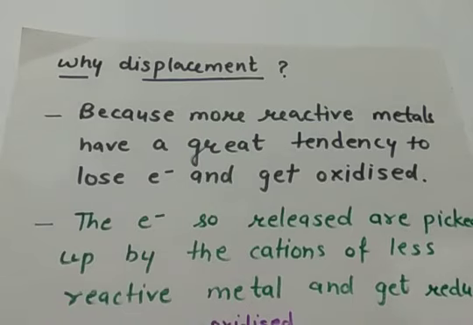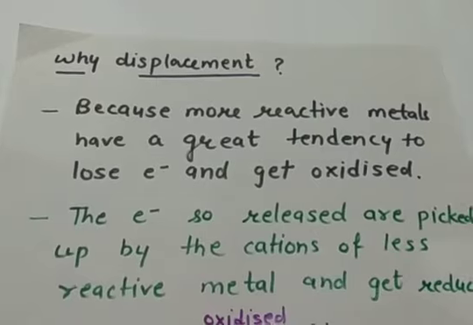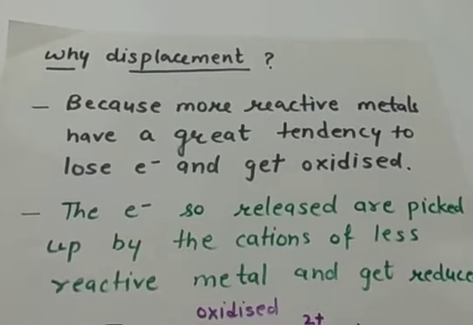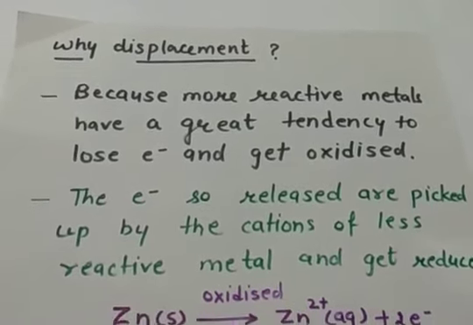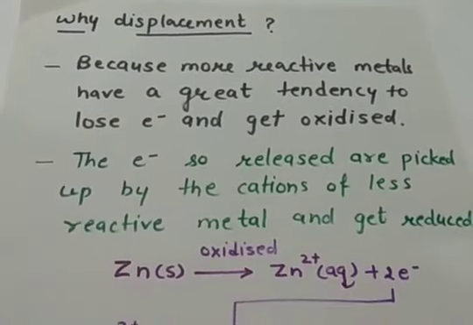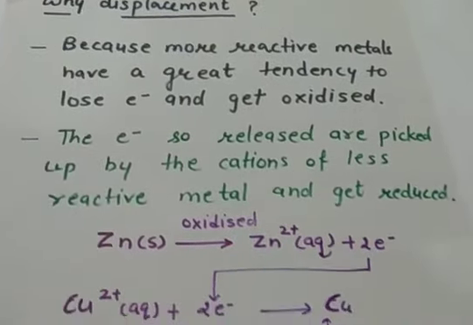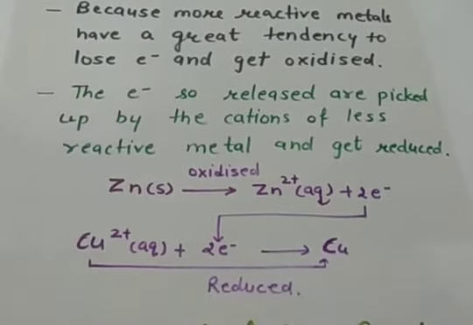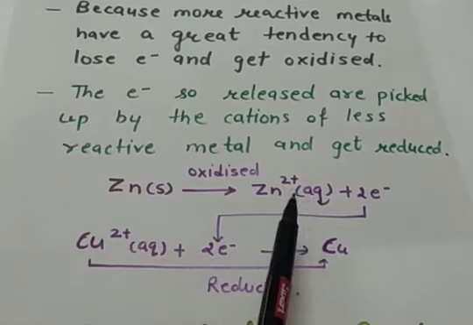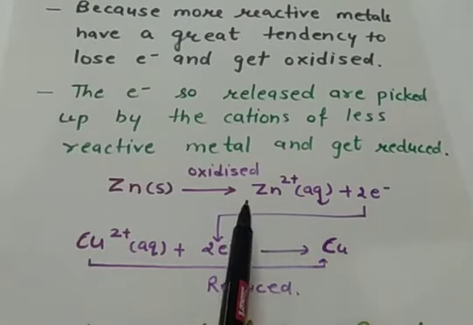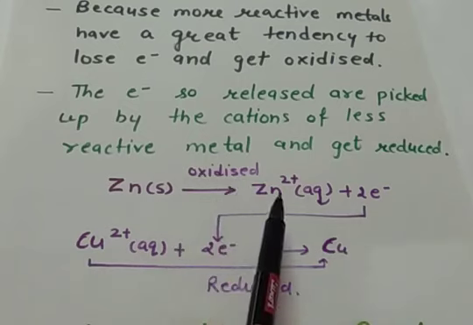And as the salt solution of a metal has metal ions and the anions also in the solution, the electrons so released by the more reactive metal are picked up by the cations of less reactive metal and get reduced. Hence, when zinc is giving out 2 electrons and becoming an ion, it is getting oxidized.